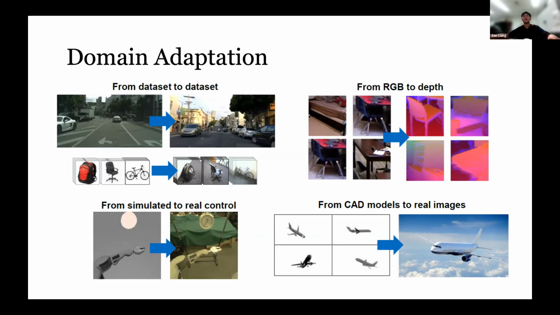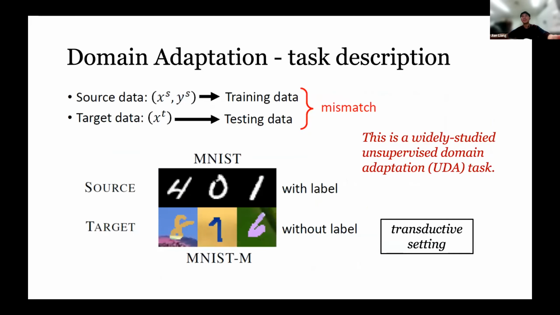Here is a formal definition of the domain adaptation problem. Typically, we consider the traditional definition here, where there exists a source domain, which consists of many labeled data, like XS and YS here, also known as training data.